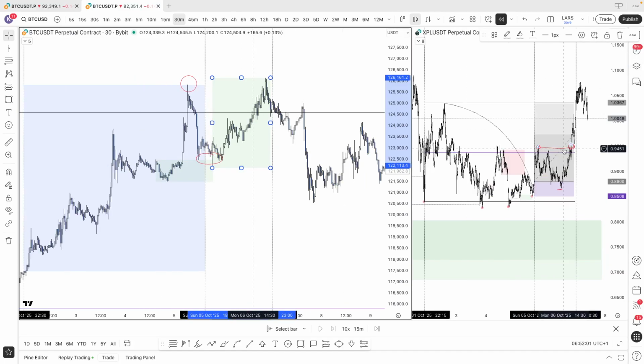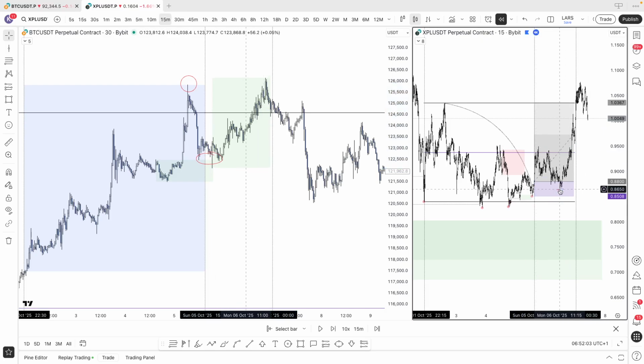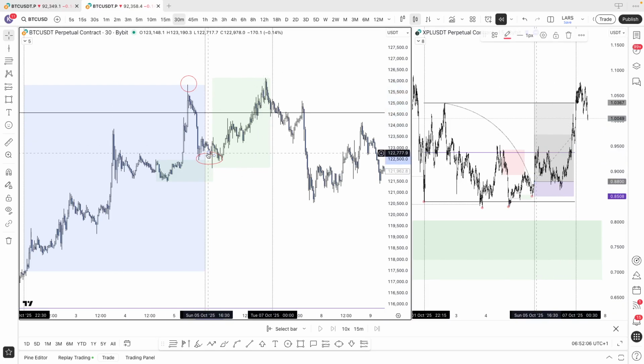So Bitcoin ended up going up once more, deviating the high yet again, which completed the accumulation schematic on XPL right here. Okay? So as we are in a B environment, if I still want to be taking the trade, I want my individual altcoin to align with all the high probability variables where from an entry perspective, I can find a refined entry, allowing for high RR plays and therefore faster de-risking opportunities through stop loss trailing or partial TPing or both.